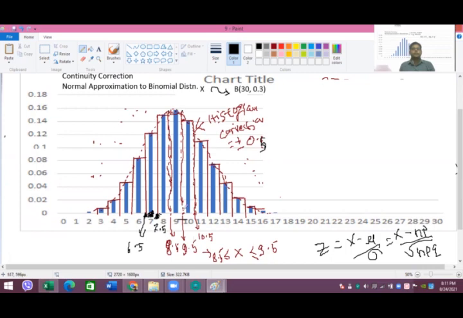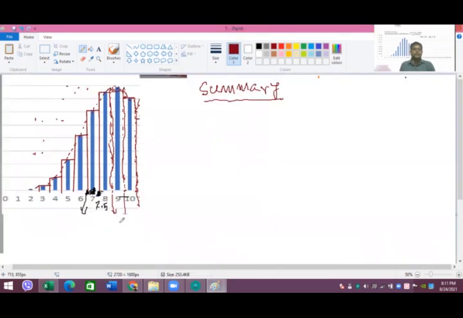So I am taking some part of this graph, and my graph is like this. For example, provided n is greater than or equal to 30, in general, not necessary, but it works better with n greater than or equal to 30, and the necessary condition is that n times p must be bigger than 5, and also n times q must be bigger than 5.